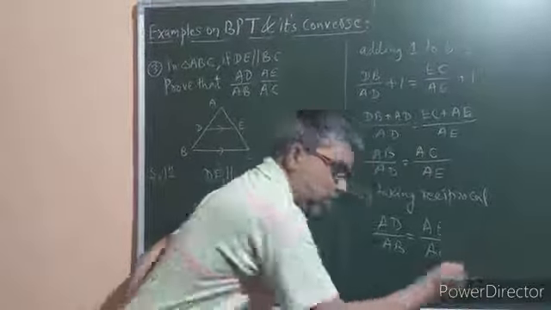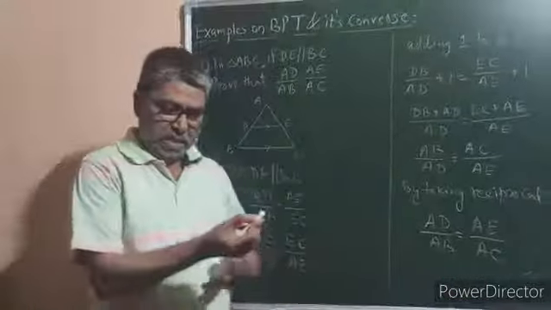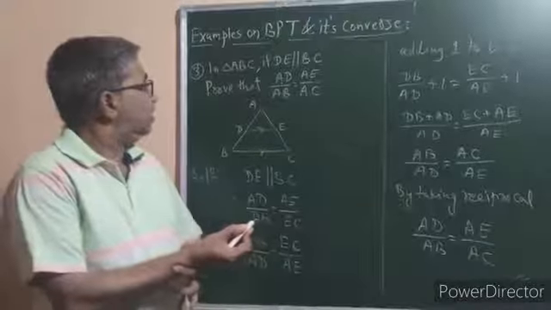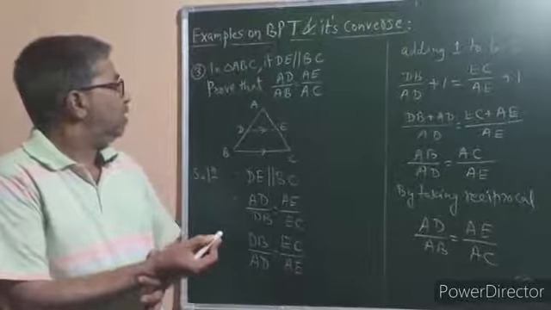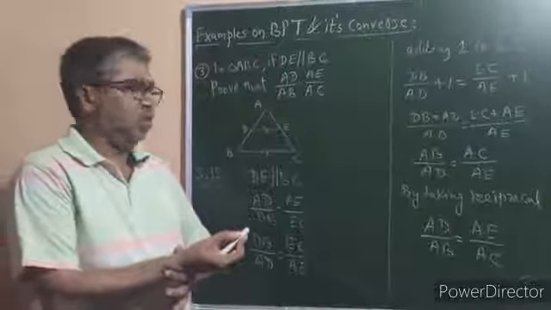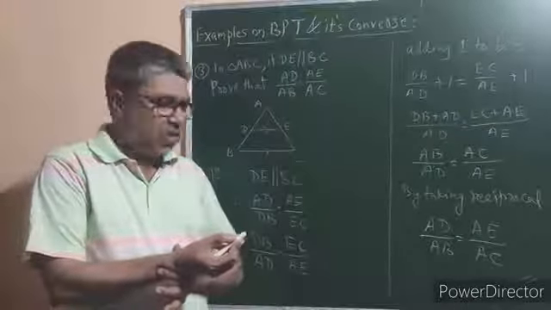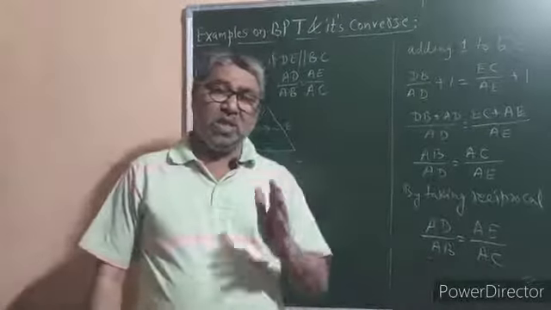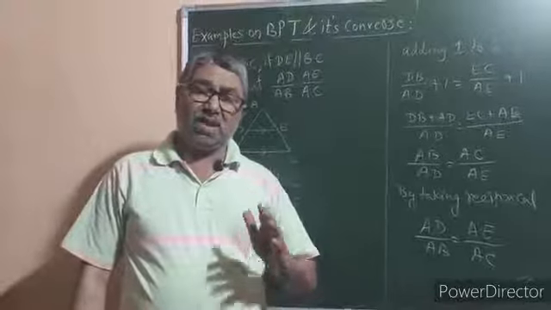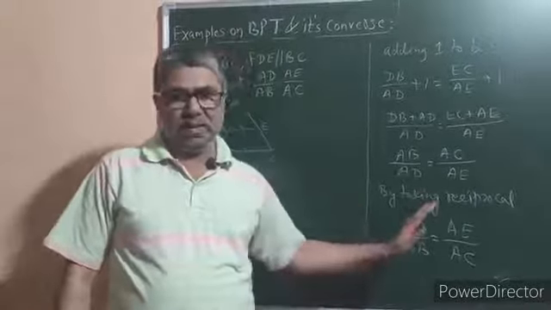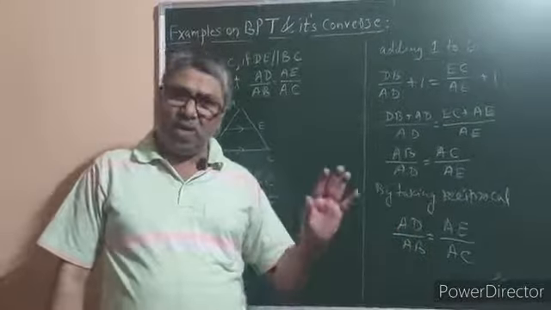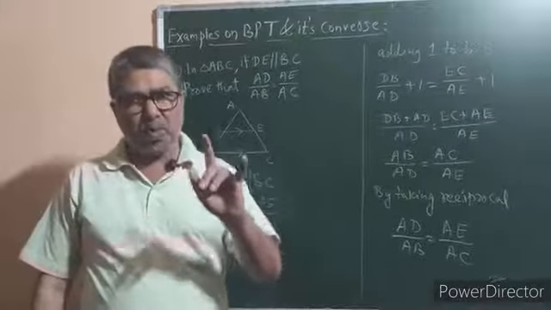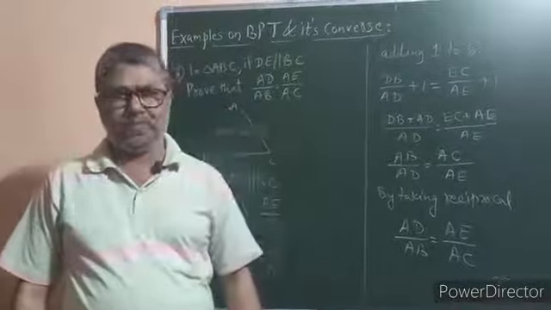This is what is given to prove. So in this way, the third example, in triangle ABC, if DE is parallel to BC, prove that AD upon AB is equal to AE upon AC, is solved. And here AD upon AB is equal to AE upon AC is nothing but a corollary of Thales theorem. This is one of the corollaries of Thales theorem, or one of the corollaries of basic proportionality theorem.